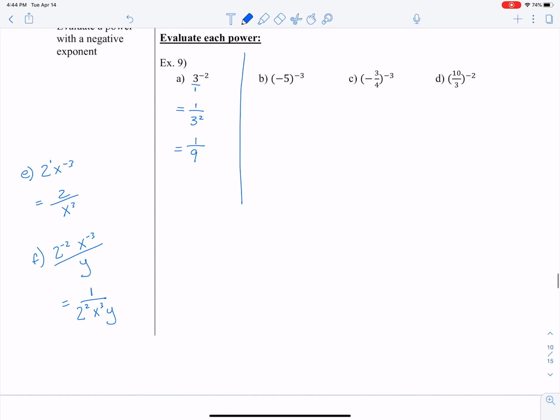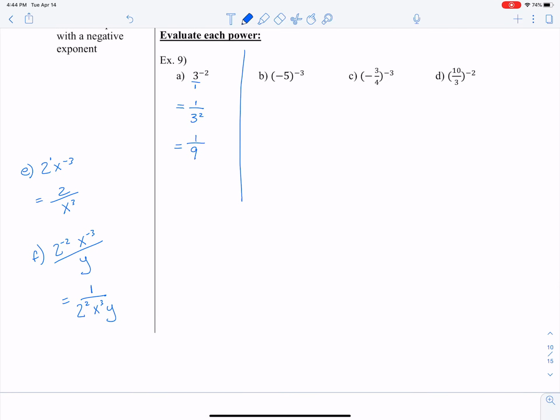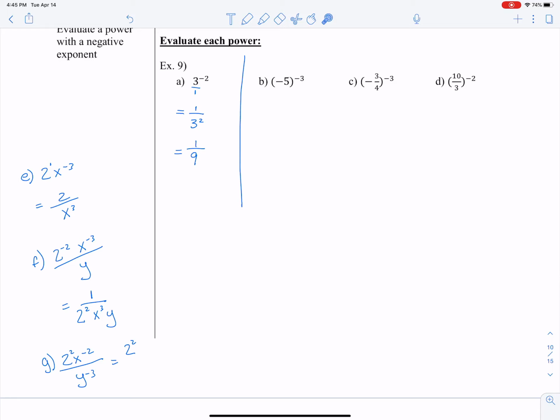And I'll do one more example here before I move on to these other ones. I'll do G. Let's say you had 2x to the minus 2 over y to the minus 3. So in this case, the 2 stays where it is because it's positive. Let's make it 2 squared, just so I can show you that it doesn't have to have no exponent. If it has a positive exponent, it stays.